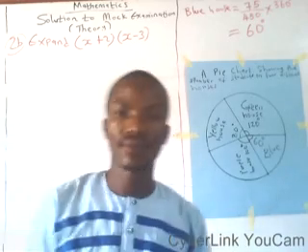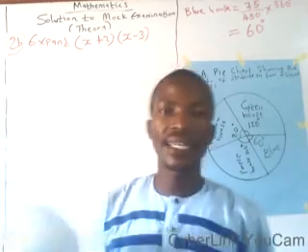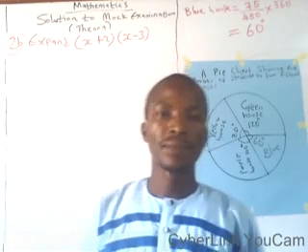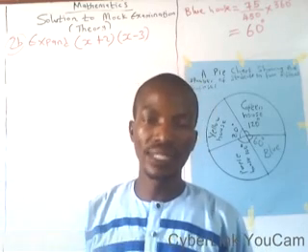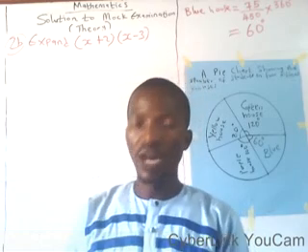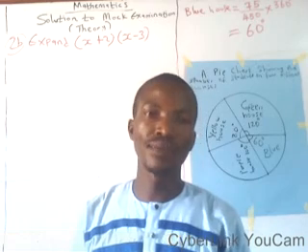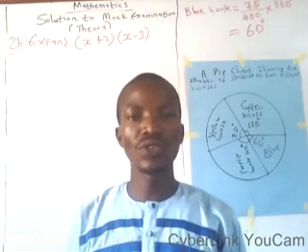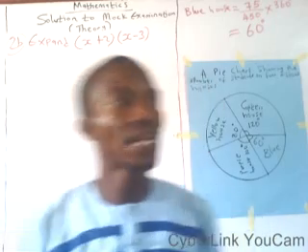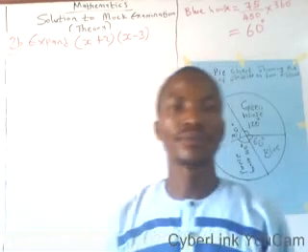Boys and girls, you have to expand x plus 2 and x minus 3. How are we going to do this? Expansion is very simple. All you need to do is just to relax your mind and follow up.